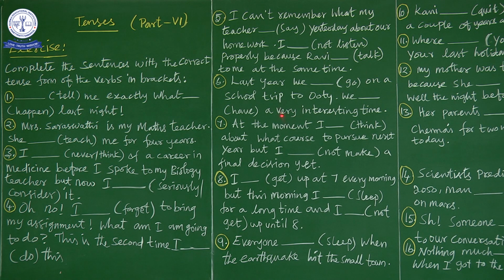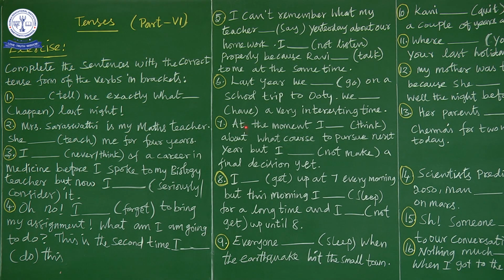We had a very interesting time. So that's the answer. Now let's move on to the seventh exercise. At the moment I dash think about what course to pursue next year, but I dash not make a final decision yet. Okay, so here we have the keyword, at the moment.